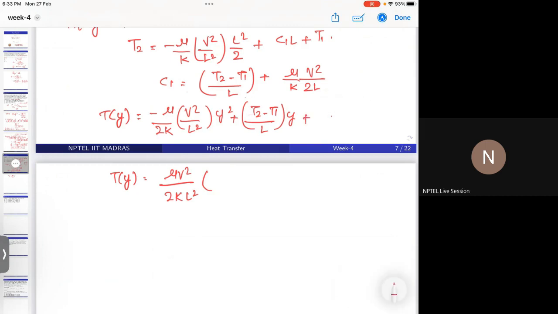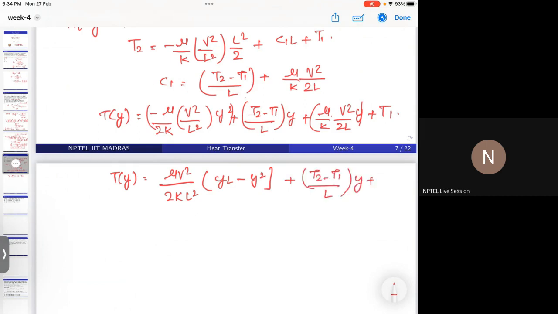Plus mu by K V square by 2L times y plus T1. So it becomes yL minus y square, because I am combining this term and this term, plus (T2 minus T1) by L times y plus T1. So this is the temperature profile without constants, once we solve the constants C1 and C2.